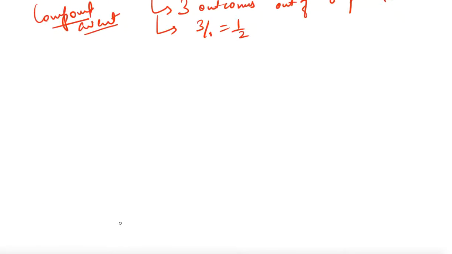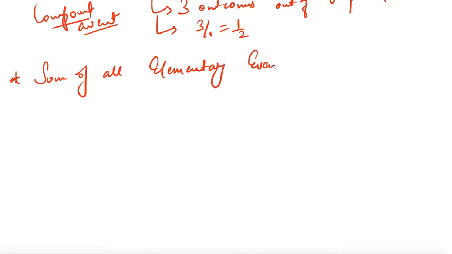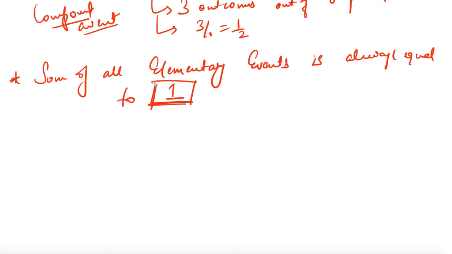The second thing to consider is that the sum of all elementary events is always equal to, can you tell me, equal to what? Equal to 1, which is the sum of all elementary events or sum of all possible outcomes.